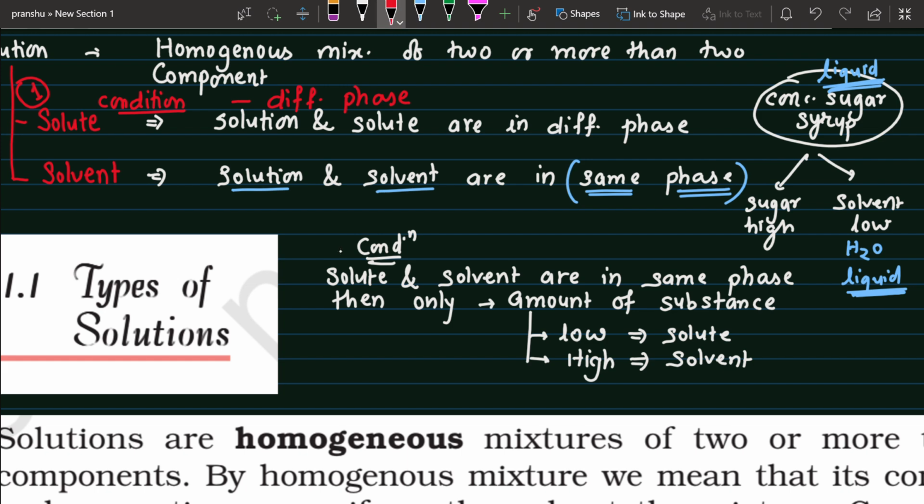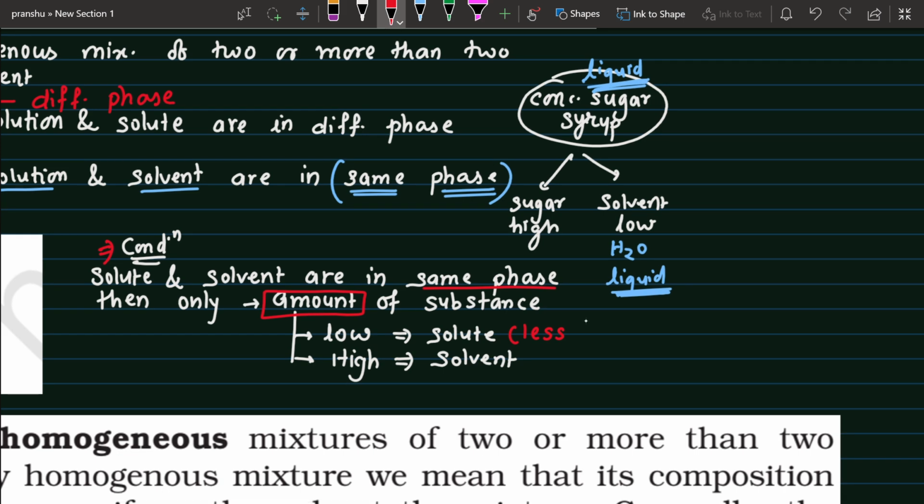Another condition is that if they are in the same phase, we differentiate solute and solvent in terms of amount. The solute is always present in less quantity, and the solvent is present in more quantity.